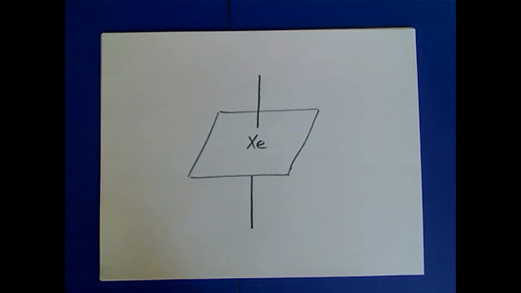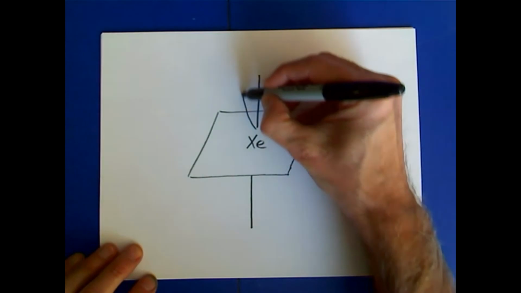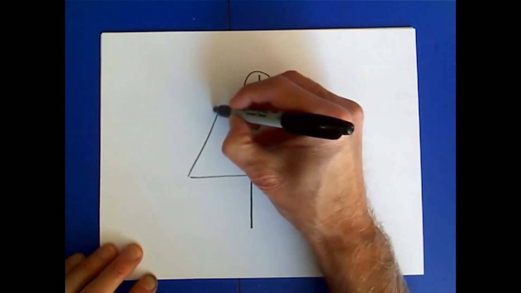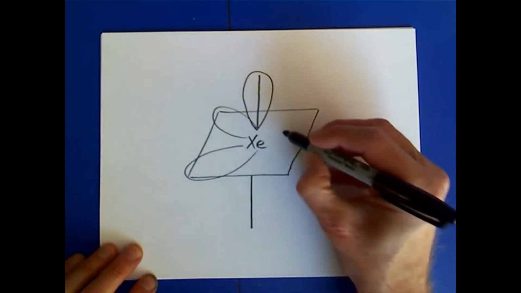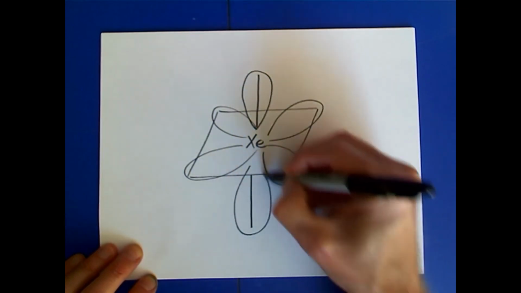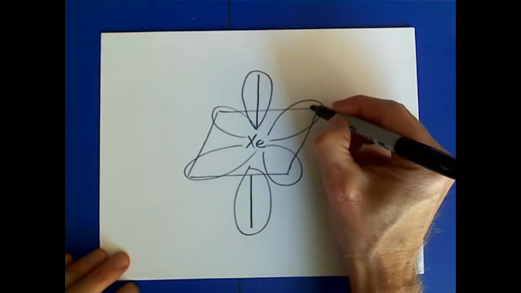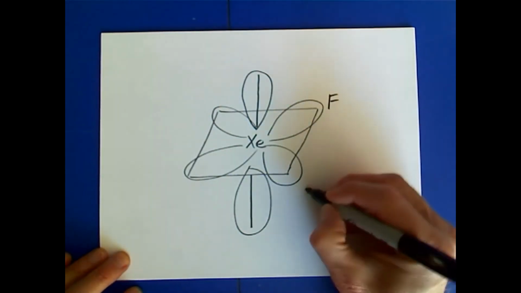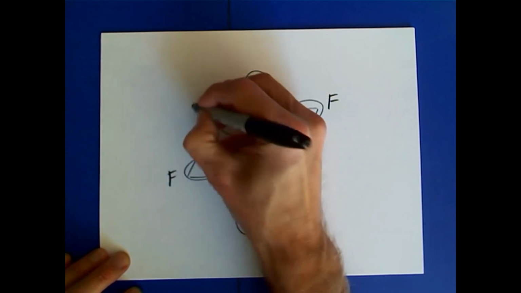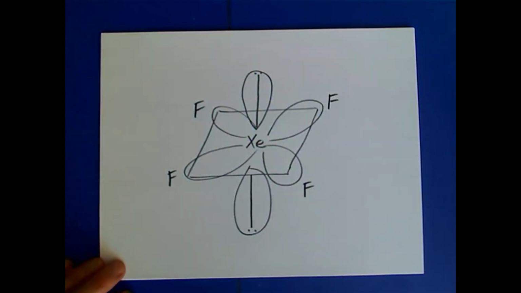And these sp3d2 hybrid orbitals are all going to point to the corners of our octahedron. All 6 of them. And then the fluorine atoms would come in and they'd overlap here, here, here, and here, whereas you'd have lone pairs at these 2 positions.